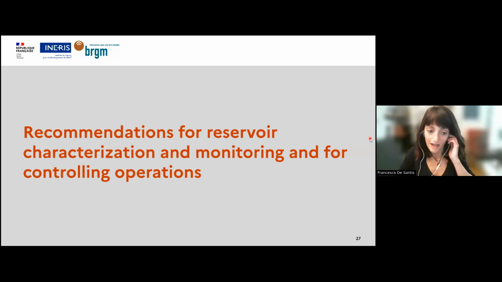So this part is in parallel to the logic trees, the methodology for assessing the seismic induced hazard. We also provide some recommendations for reservoir monitoring and characterization, and also for controlling the operation. These recommendations are also given in order to help operators, for example, to answer the different criteria of the logic trees.